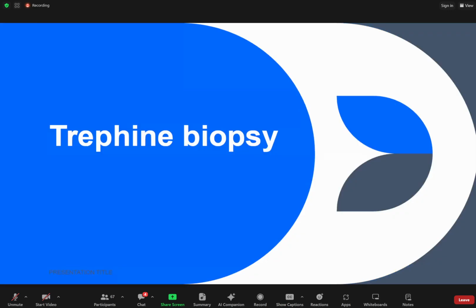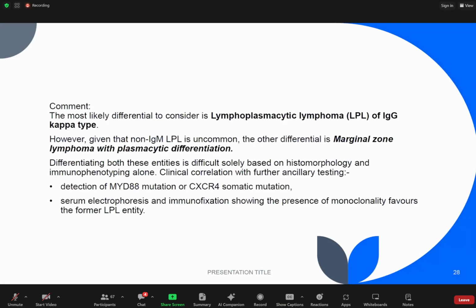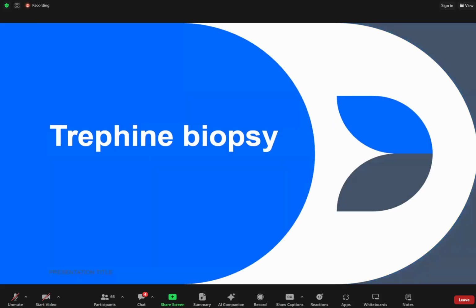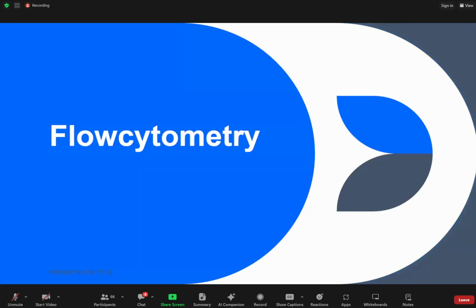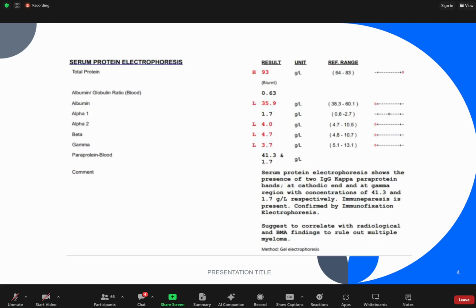So how do you explain the two clonal populations? Do you hypothesize that maybe one clone comes from the plasma cell, and the other from the clonal lymphocytes? For the serum protein electrophoresis, you see two monoclonal bands, isn't it?